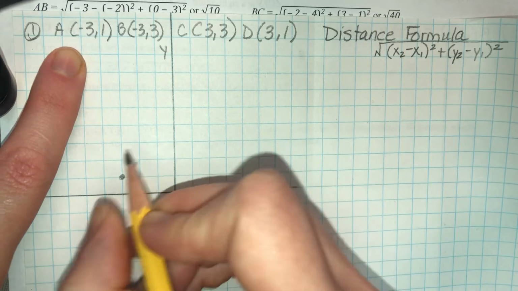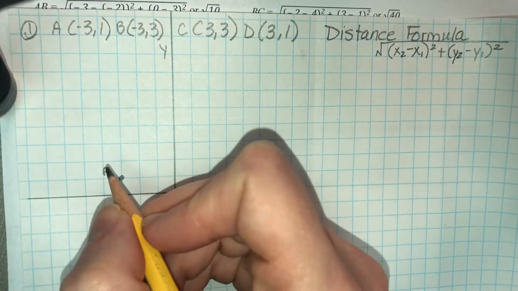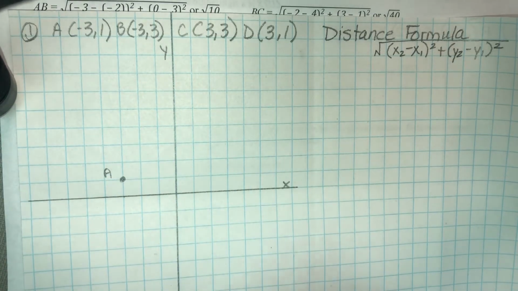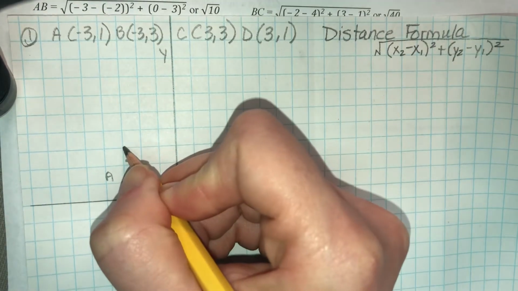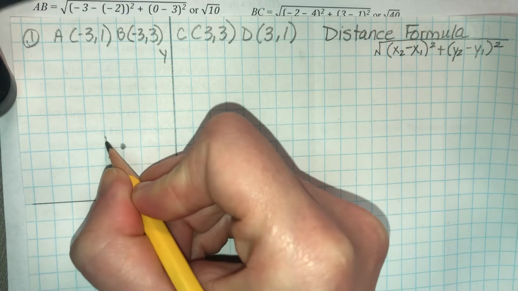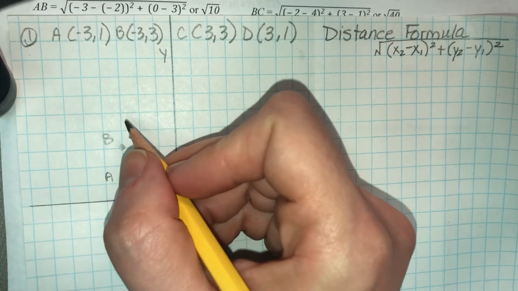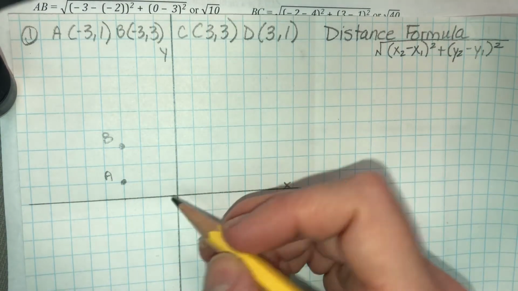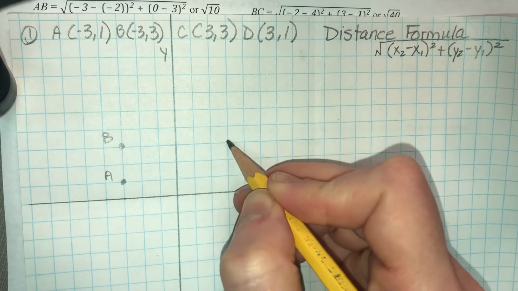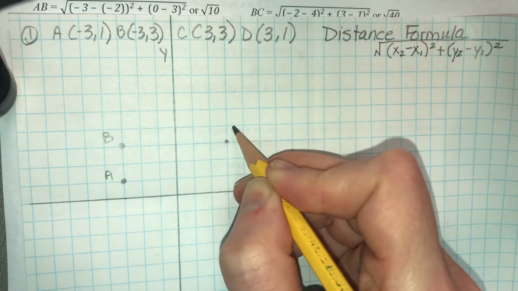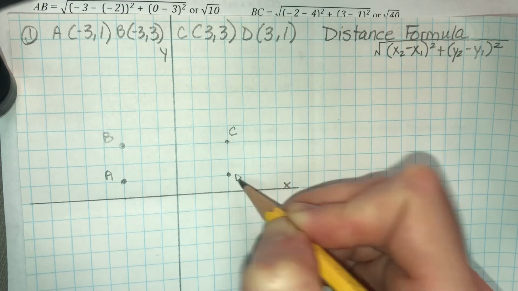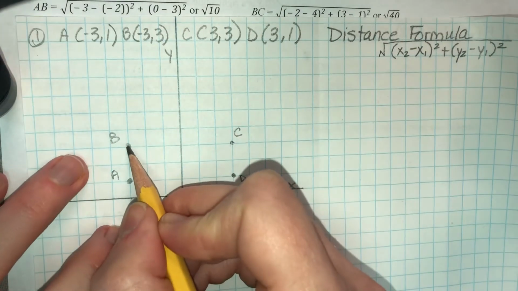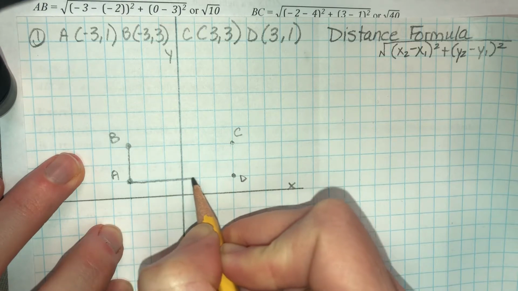Here's point A. And then we have -3, +3. So there's point B. And then we have 3, 3, there's point C, and 3, 1, there's point D. So here's our shape. What do you think? Do you think it's a rectangle?